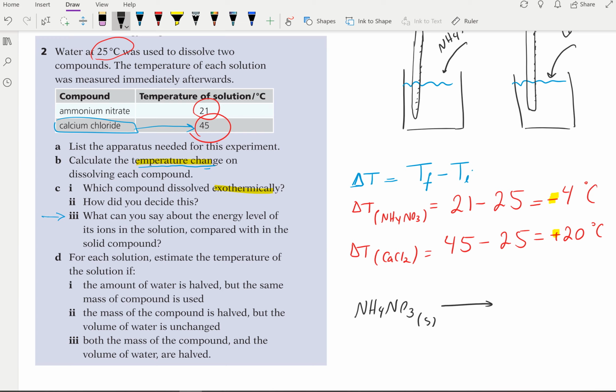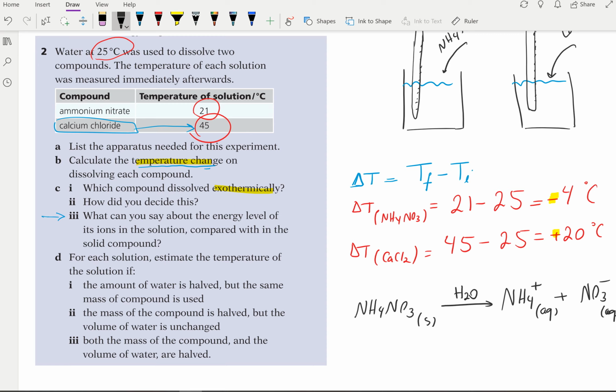When you dissolve them in the water, the cation and anion separate from each other, so it becomes NH4+, the cation, and I write aqueous, it means it has dissolved in the water, and the anion is NO3-, aqueous. So this is the process of dissolving an ionic compound inside the water.